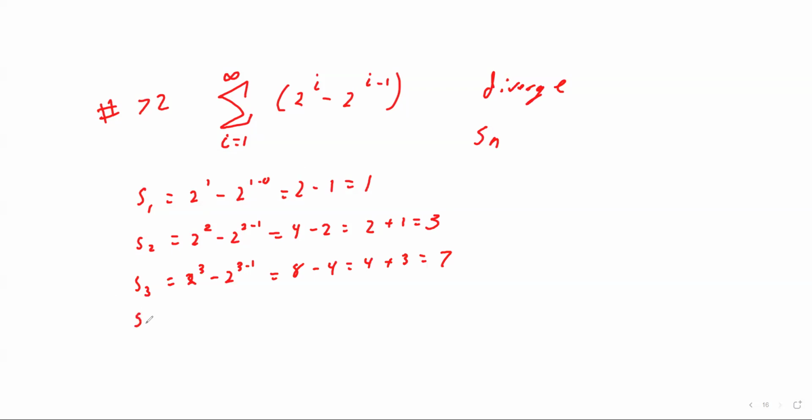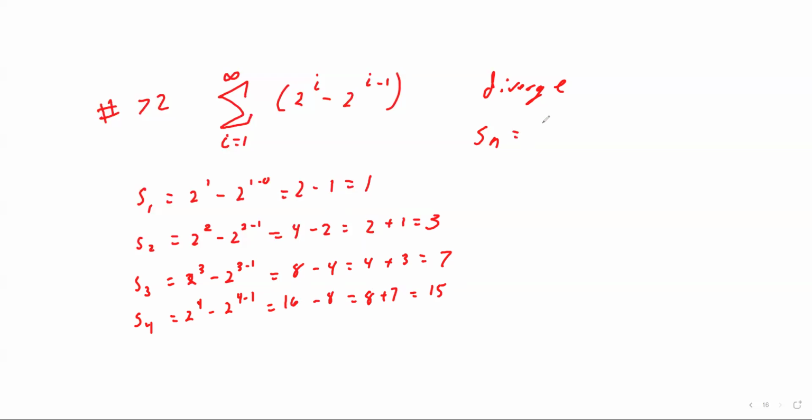Let me do another one. I think I might see something here. So 2 to the fourth minus 2 to the 4 minus 1. So that would be 16 minus 8. 'Cause I can see somewhat of a pattern going on here. So that'd be 8 plus the 7, so that'd be 15. And if you notice, that's one less, that's one less, that's one less.